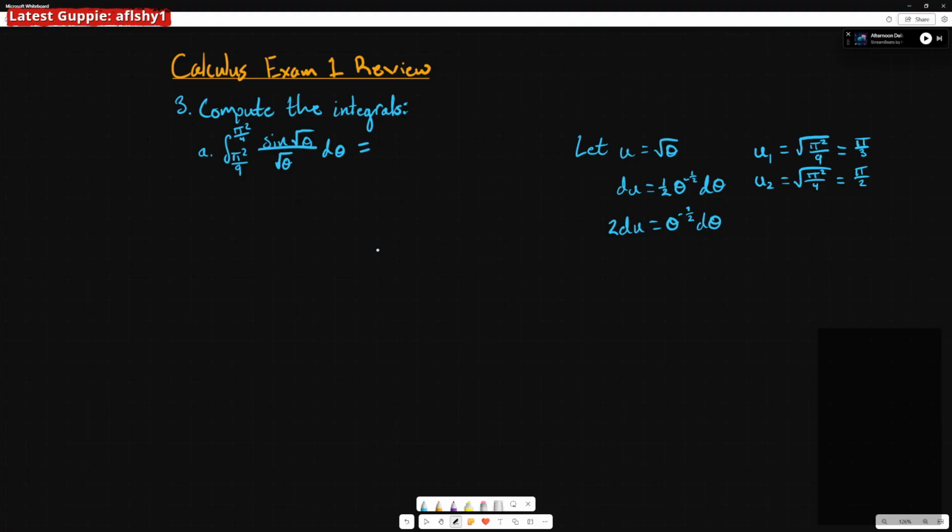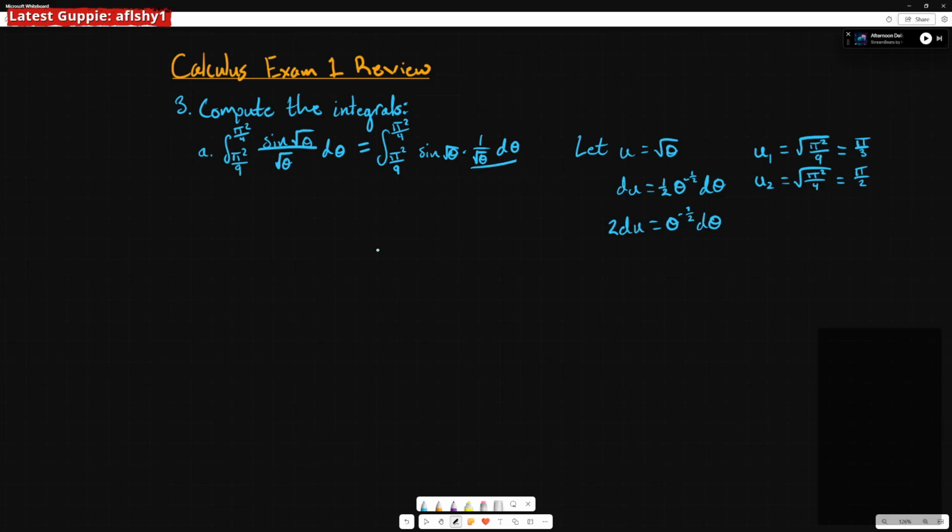So now we can convert this to pi squared over 9 to pi squared over 4. We can say this is sine of the square root of theta times 1 over the square root of theta d theta. Okay.